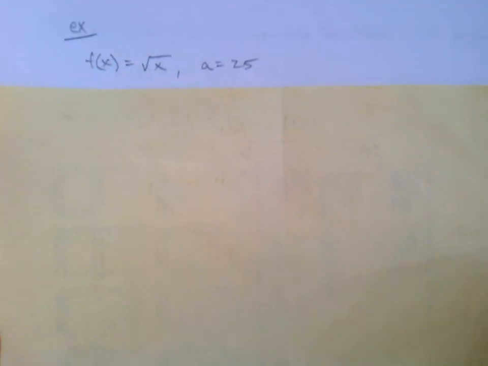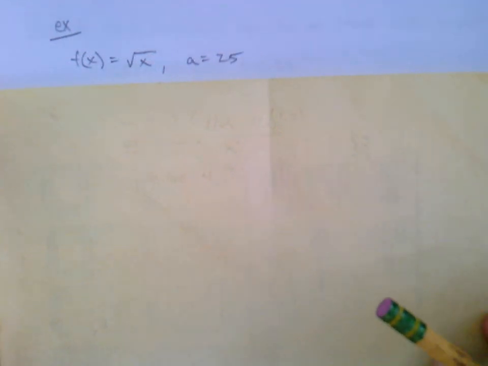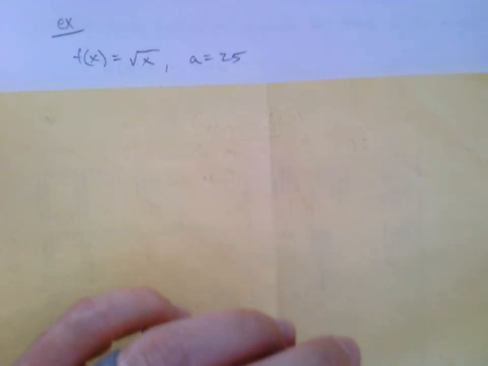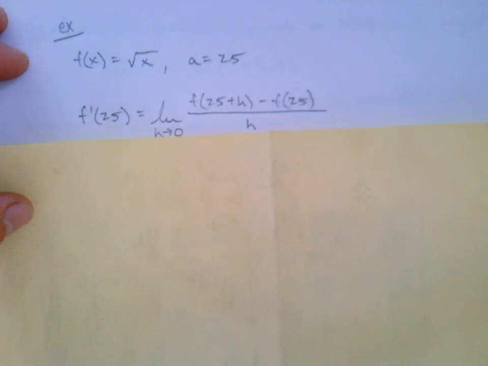Let's try out that other example one more time, just to see how this one would unfold. F of x equals square root x, a equals 25. All right, what's that going to look like with the new formula?